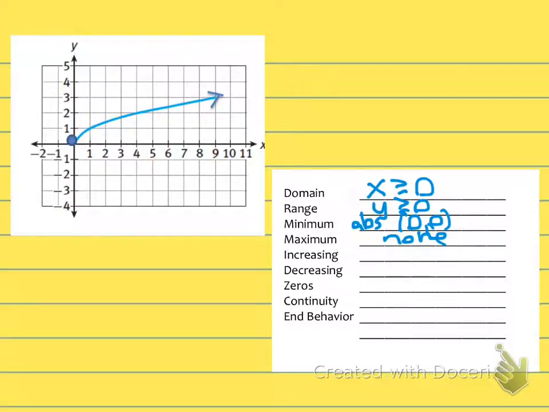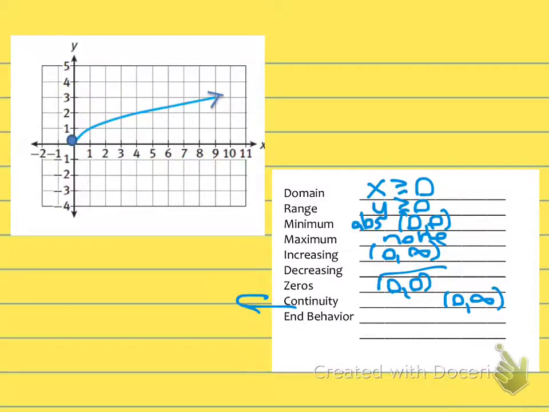It is increasing throughout the function, so it is increasing from 0 to infinity. It's never decreasing, so we can't even answer that on this one. There is one zero, and that's the point 0, 0, which is right there at the origin. And it is continuous on the interval from 0 to infinity over the entire domain.